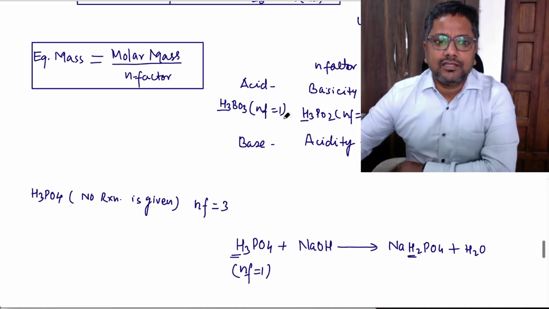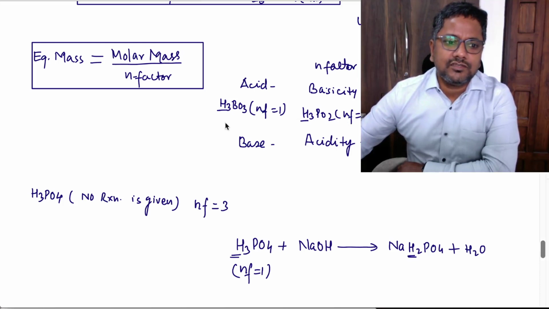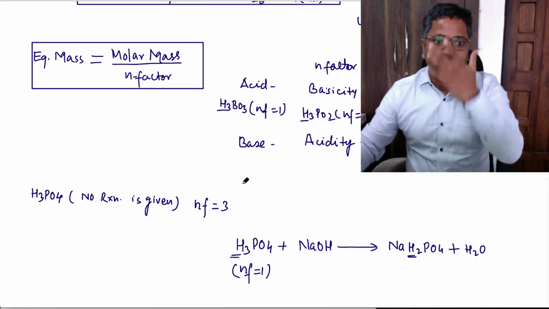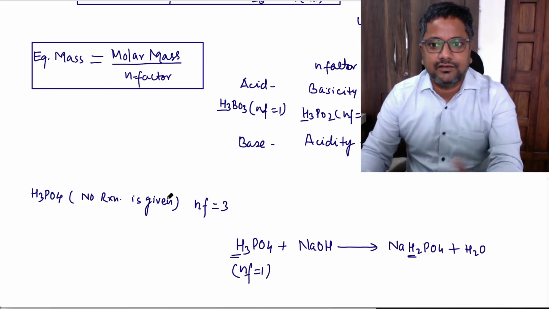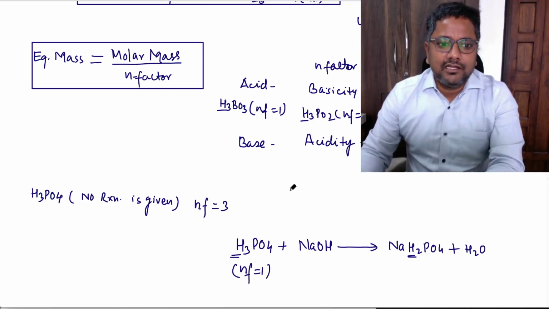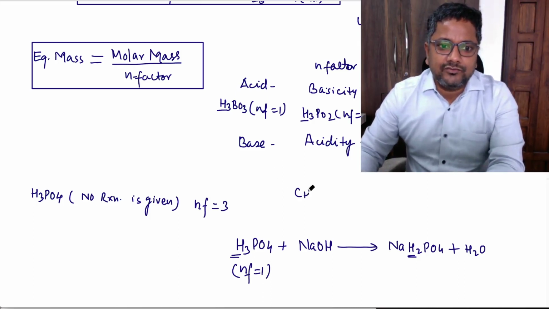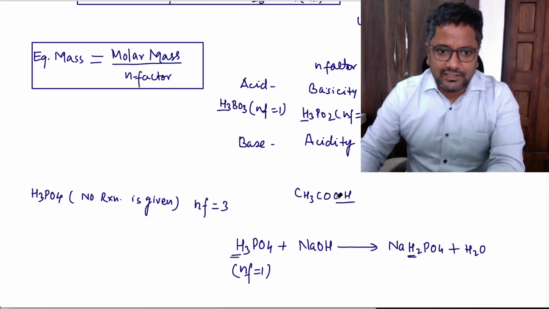If you remember, these three are exceptional acids. Except these three, if H2SO4, H3PO4, HClO4 or HCl is given, the n factor equals the number of hydrogens. In organic acids, the hydrogen attached with oxygen is considered replaceable, not the one attached with carbon. So for acetic acid the n factor is equal to 1.